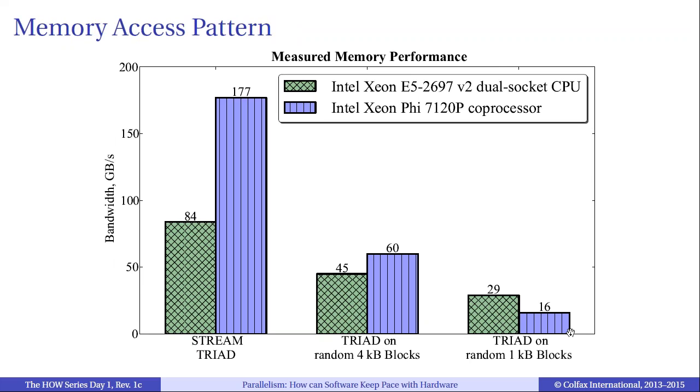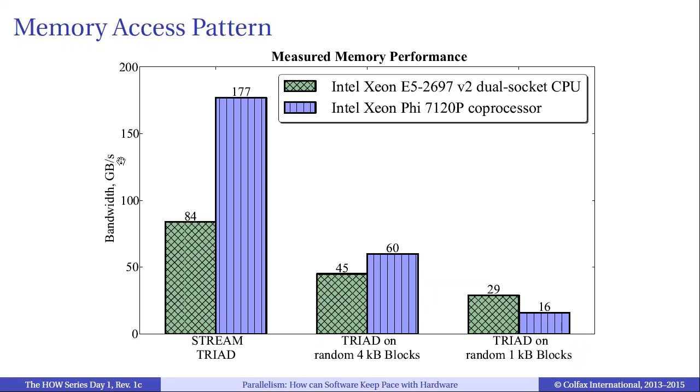Now here's another performance plot, which is a reminder of another prerequisite for good performance on Xeon Phi. Now this is not a cartoon, this is actually a measurement, and this is a measurement of the memory bandwidth. And the memory bandwidth is measured again on Xeon and on Xeon Phi in units of gigabytes per second.